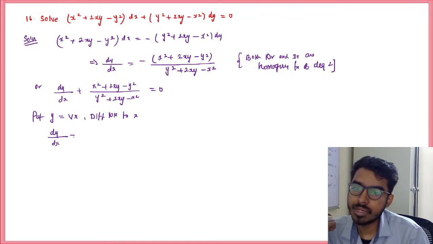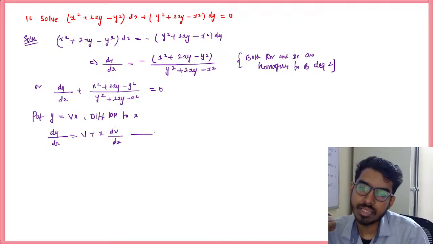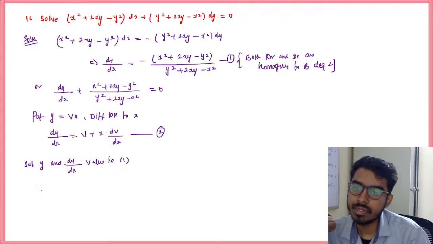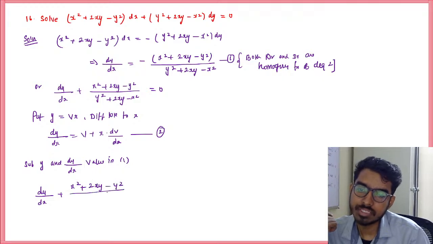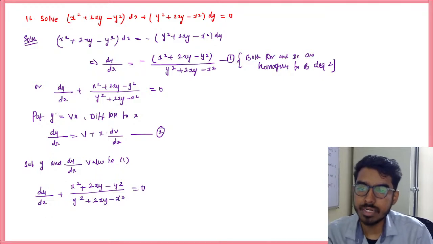So we have dy by dx equal to v plus x into dv by dx. Substitute y and dy by dx values.